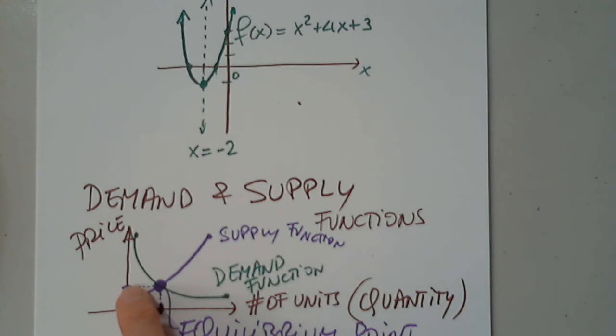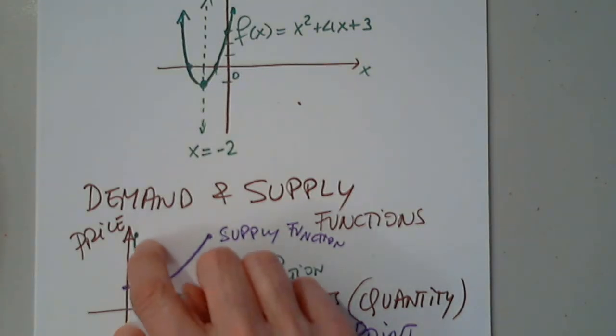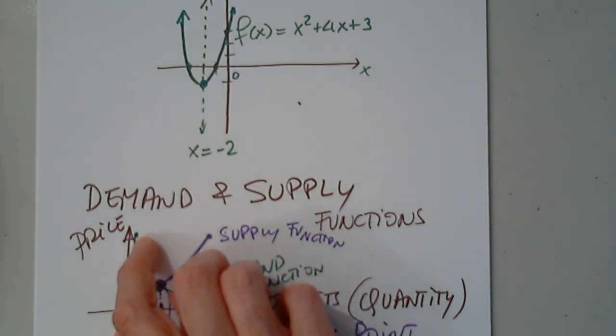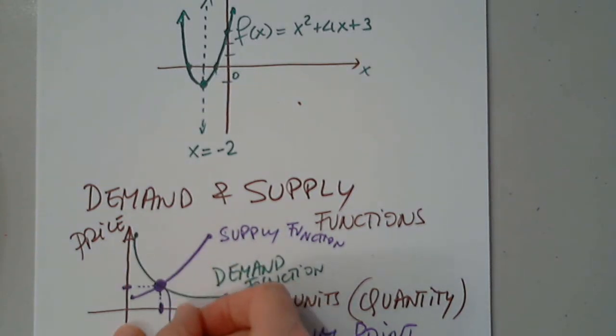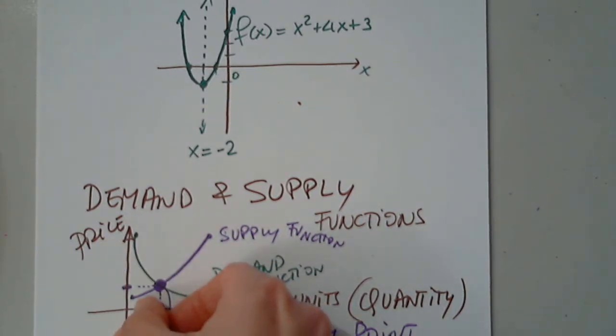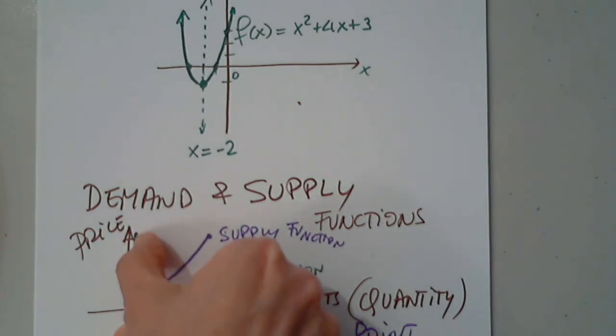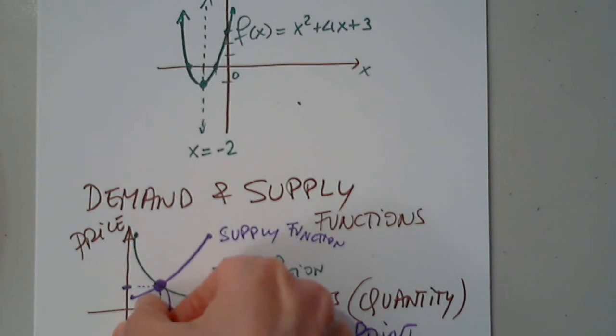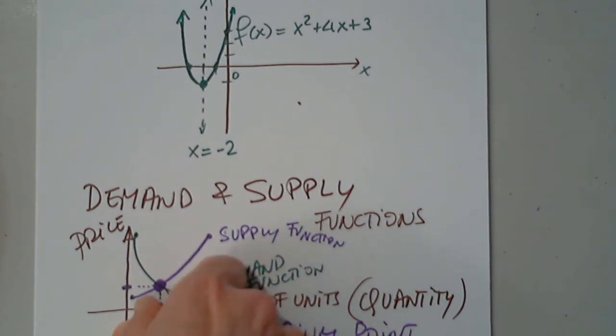So if the price of a gallon of gas is 20 cents, I can afford to drive more. I can afford to buy more gallons. If the price increases to $10 a gallon, I will restrict my driving and buy fewer gallons because the price is too high. I'm just making numbers up.